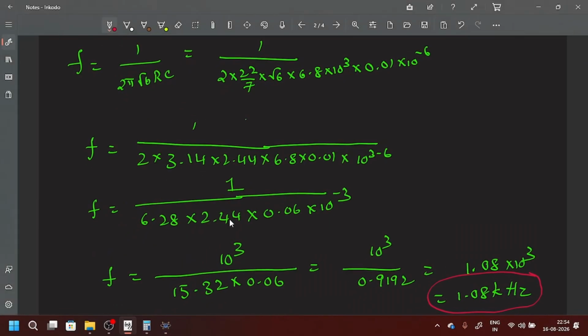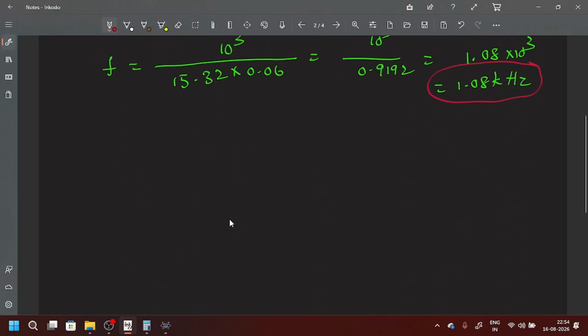And each box is of 0.2 milliseconds. I have covered 5 units each of 0.2 milliseconds. The total time period T will be 5 into 0.2 milliseconds, so this will give me 1 millisecond.